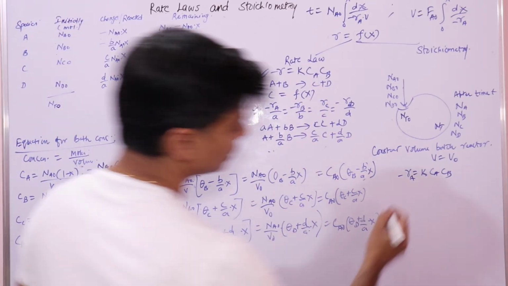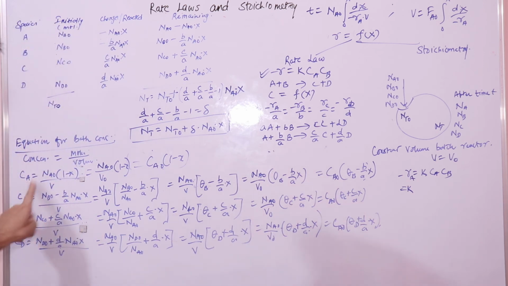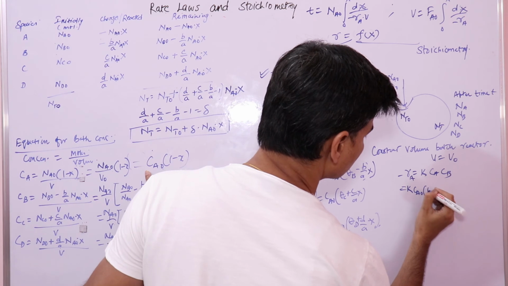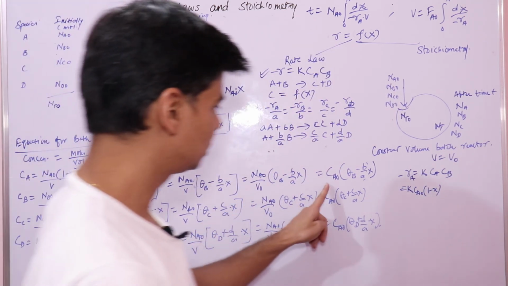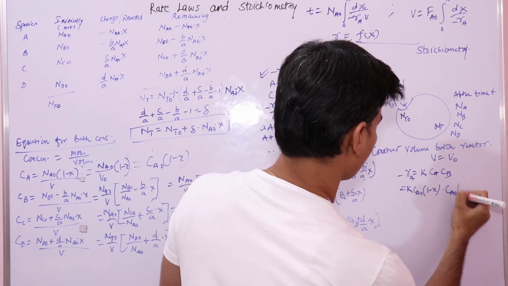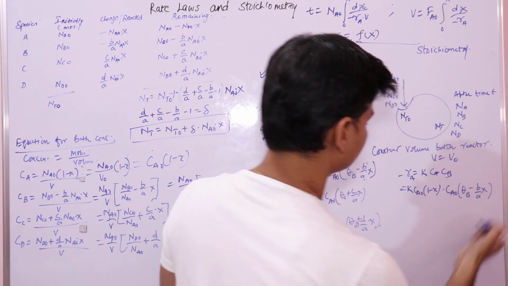So this will become K, Ca, where the value of Ca is Ca0 (1 minus X), and for Cb, this is what you've got: Ca0 (theta B minus b upon a X).